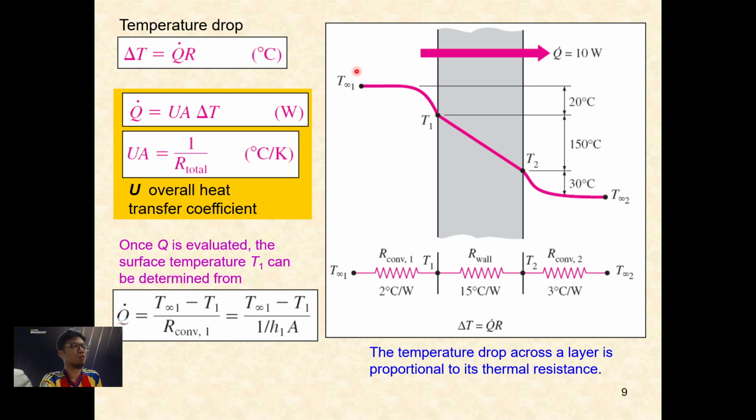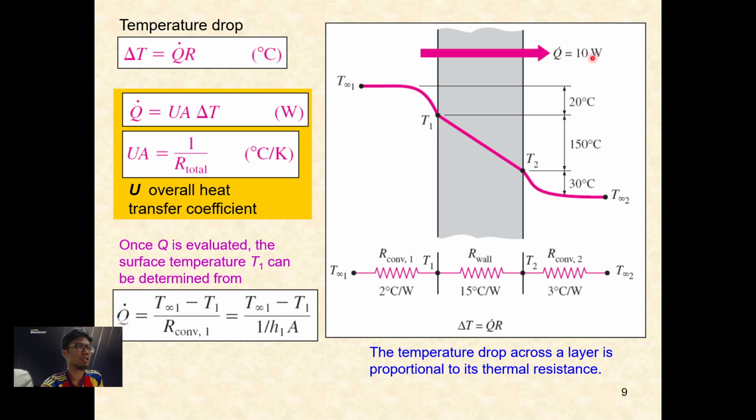So if question asks you what is the temperature drop of outer ataupun temperature environment di luar dengan surface temperature dekat luar, apakah temperature drop dia kalau you ada Q dan you ada R?